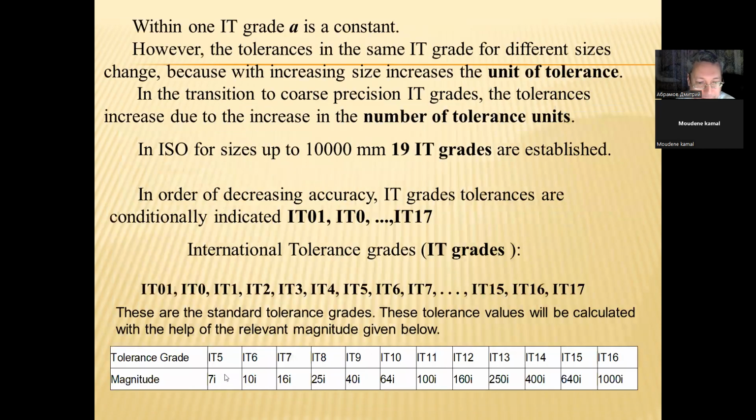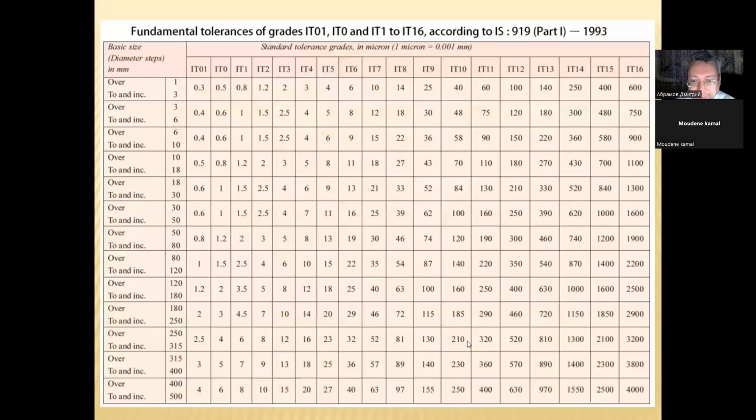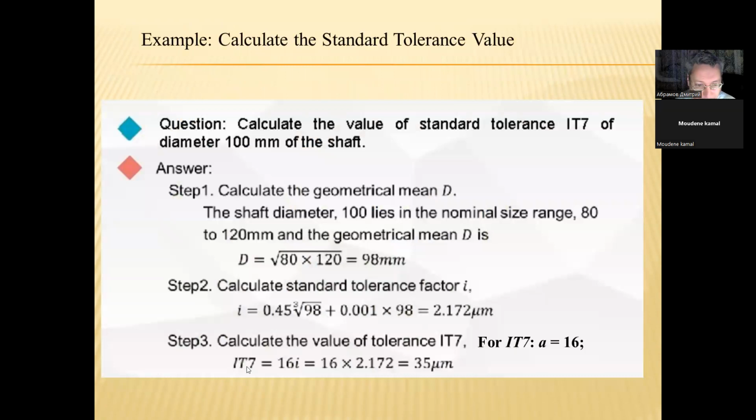We use this table. For IT7, A is equal to 16. 16 multiplied by 2.172, and we have 35 micrometers. It's the tolerance field for IT7, 35 micrometers, for diameter 100 millimeters of the shaft.